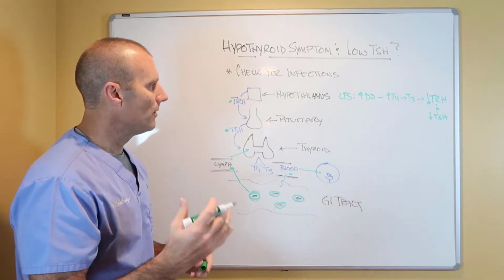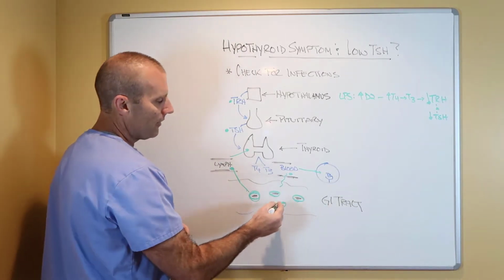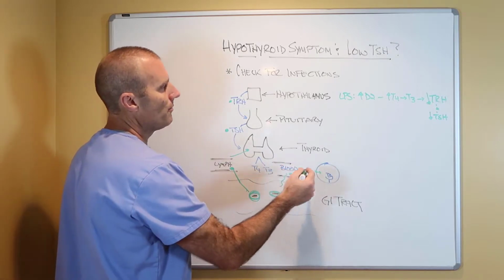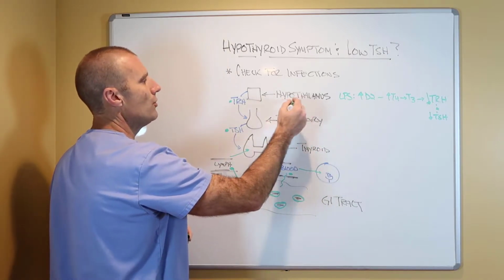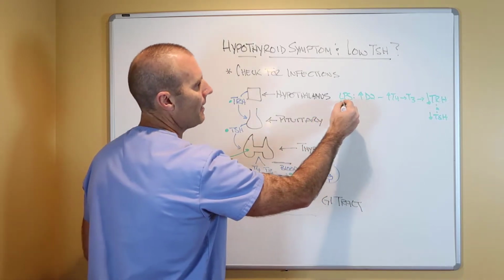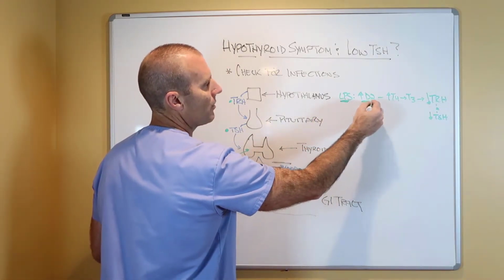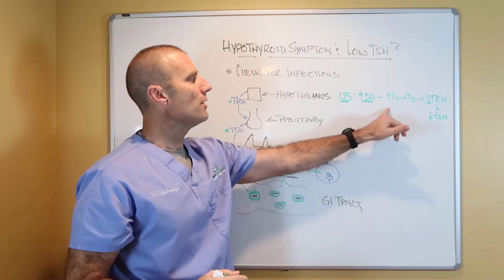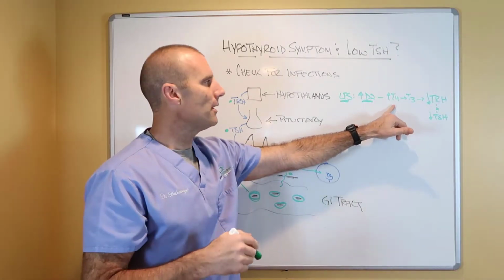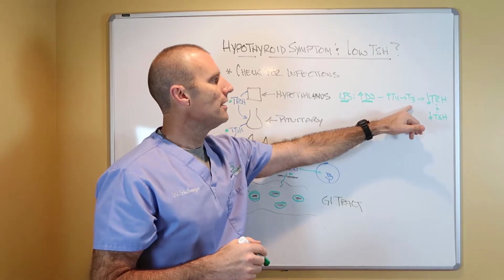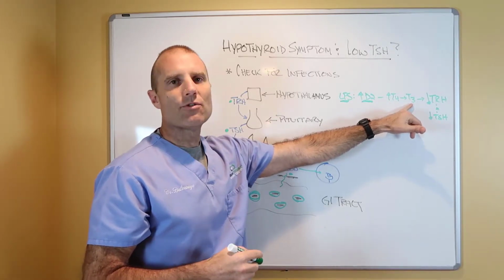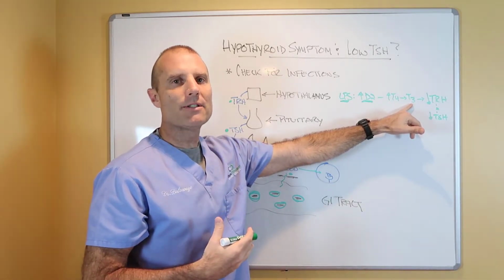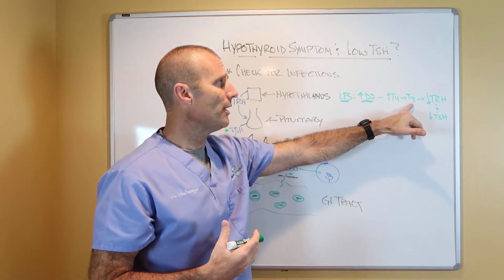When lipopolysaccharides get into the bloodstream, they can go to the hypothalamus. In the hypothalamus, they can actually increase an enzyme called deiodinase 2. And deiodinase 2 increases the conversion in the hypothalamus from T4 to T3. So now we get saturation of the receptors in the hypothalamus with plenty of T3.